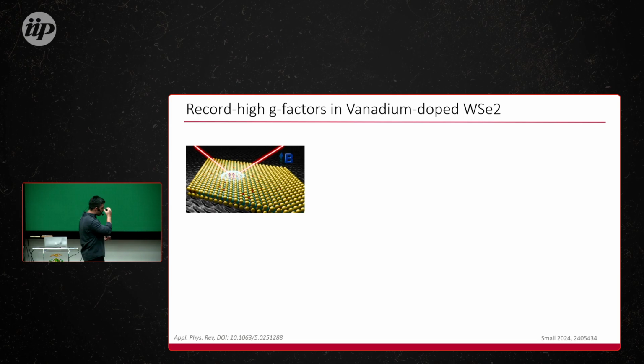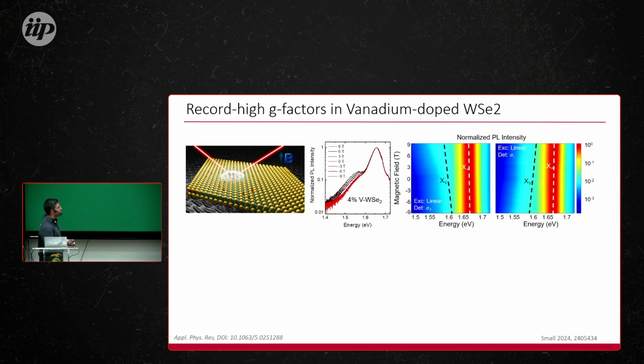In collaboration with the Penn State group, they synthesized WSe2. This is the material I have, tungsten and selenium. And we doped this material with vanadium. Then we want to select the different valleys and see what exactly happens. So we also apply a magnetic field perpendicular to the sample, and collect the photoluminescence to see the electronic transitions.